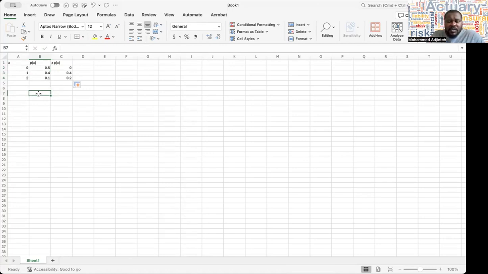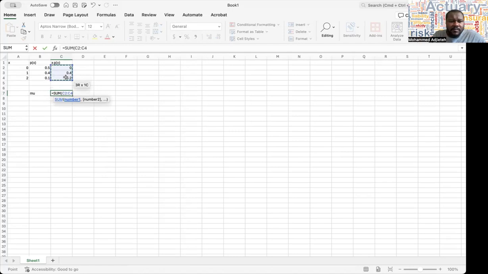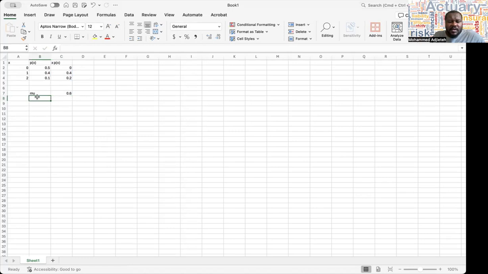You could call it mu, or expectation, whatever you want, equals the summation of all these. I hit enter, and I get 0.6. What do I want next? I want mu squared, or the expectation squared, because I will need that for the variance. So this is equal to this cell squared.